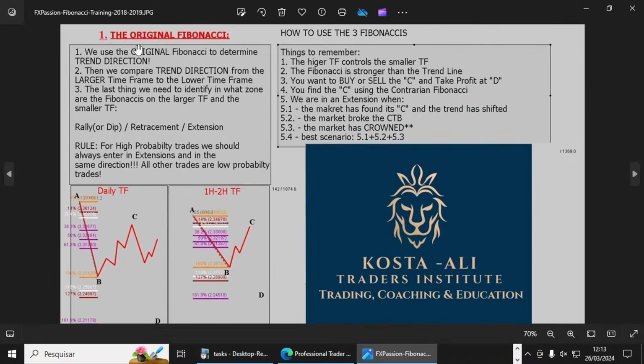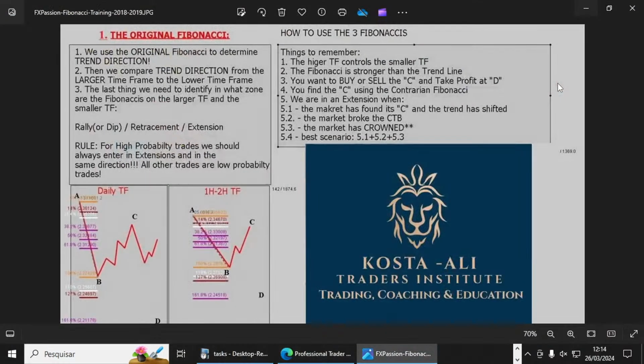The original Fibonacci, we use to determine trend direction. Then we compare trend direction from the larger time frame to the lower time frame. The last thing we need to identify is in what zone the Fibonacci is. Are we in an extension or a retracement? All right, so this is for the original Fibonacci.